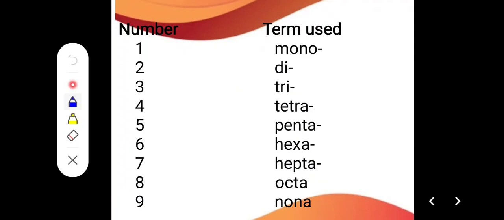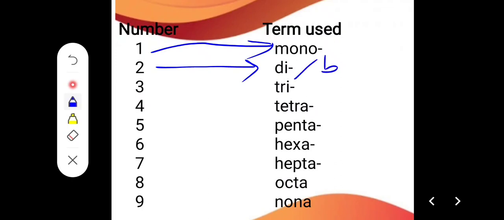If there is one and only one functional group, we use mono. If there are two, we use di, or sometimes we can use bi also, as for example biphenyl. Okay.